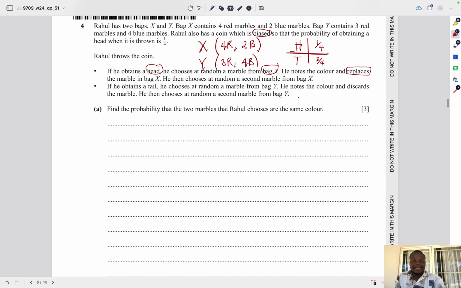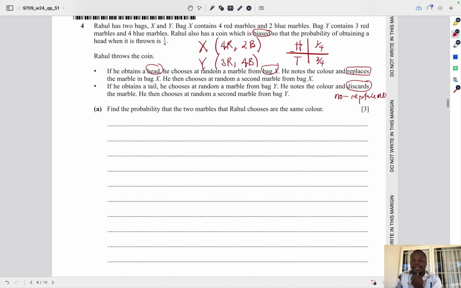Now if he obtains a tail, he chooses at random a marble from bag Y. So meaning head goes for bag X and tail goes for bag Y. He notes the color and discards. To discard in probability means no replacement. So I'm going to write that. No replacement.